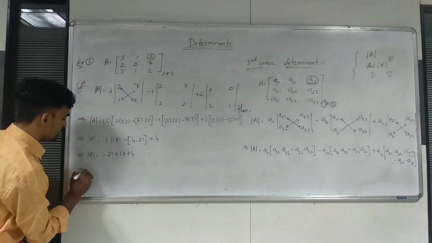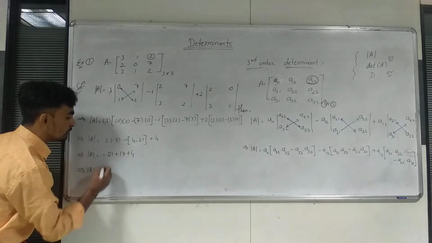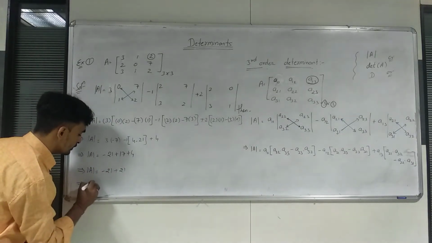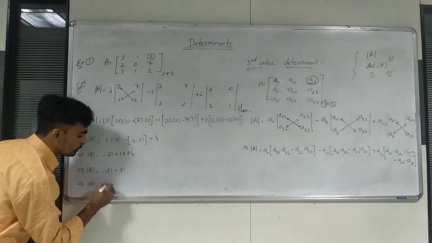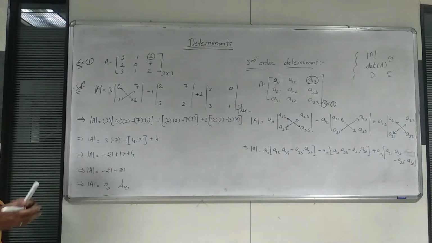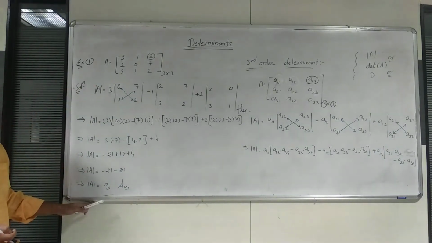So determinant of A equals minus 21 plus 21, which gives determinant of A equal to 0. This is your answer. This way you can find a third order determinant.